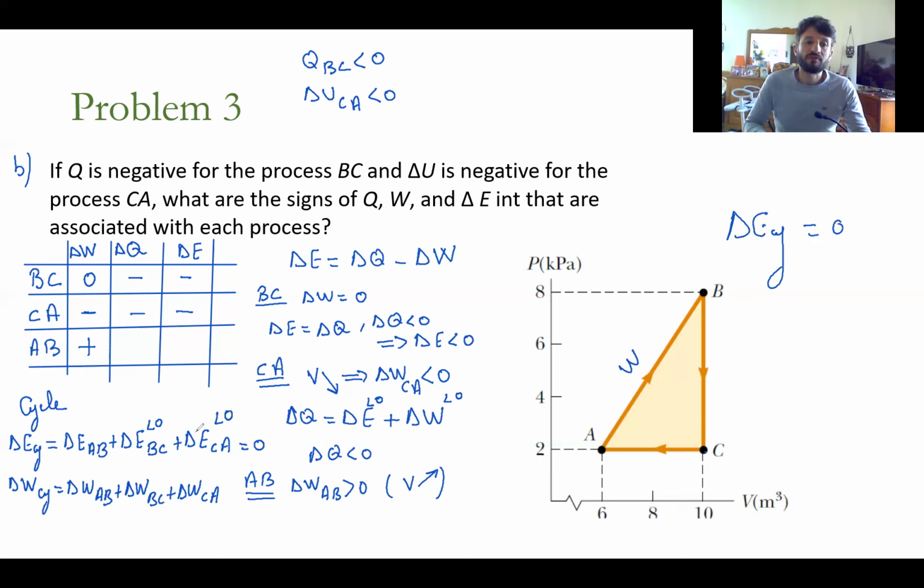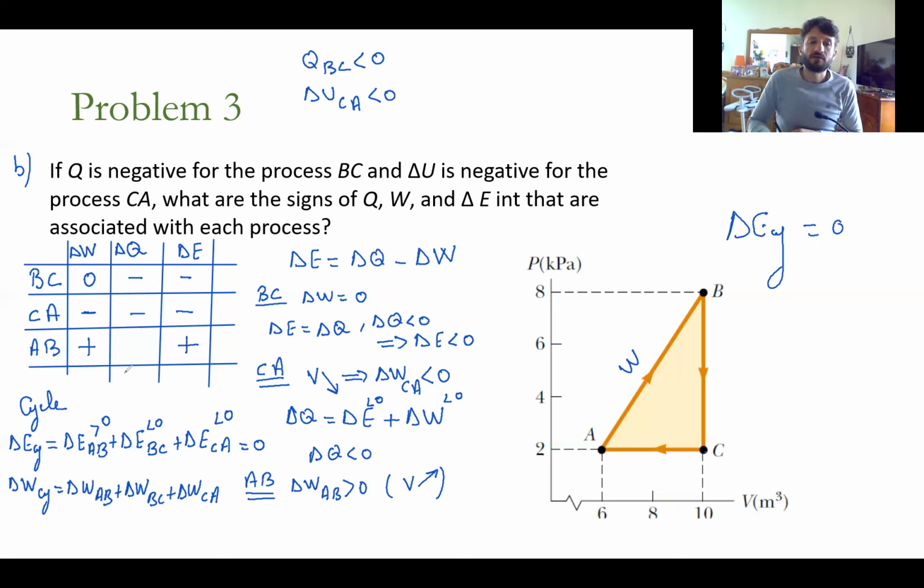In order to have a zero, delta E AB must be positive. We have a positive value and negative values, and the total must be zero, so delta E AB must be positive.